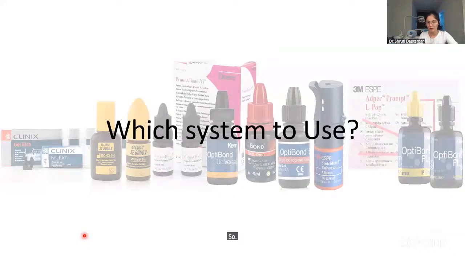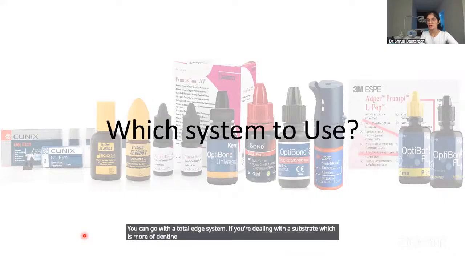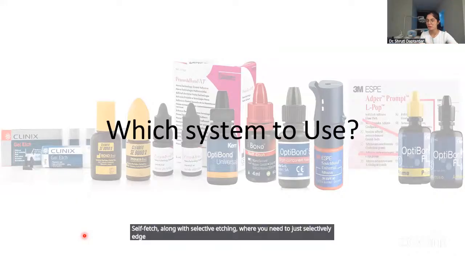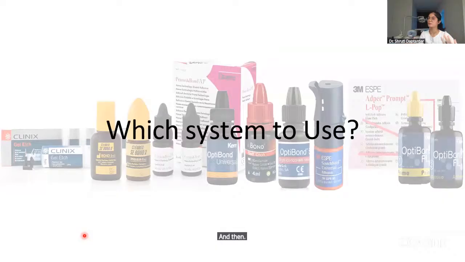So if you have a tooth where you're dealing with majority of enamel, you can go with a total etch system. If you're dealing with a substrate which is more of dentine, then you need to use self-etch along with selective etching, where you need to just selectively etch the enamel rim and then use a self-etching bonding agent system. All right.